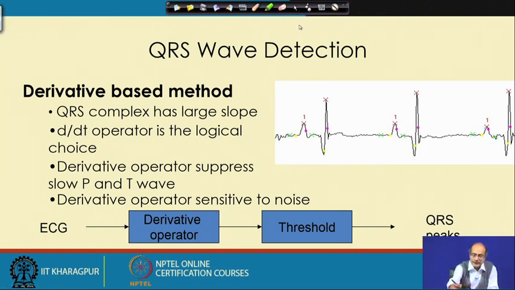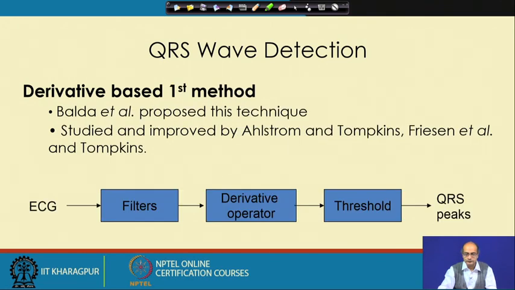Now let us see a couple of the methods proposed for QRS complex detection. Here we get the first technique for that purpose.